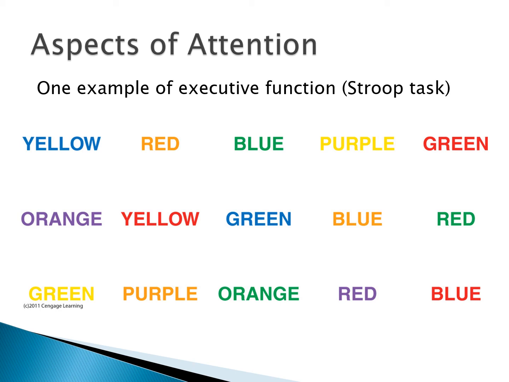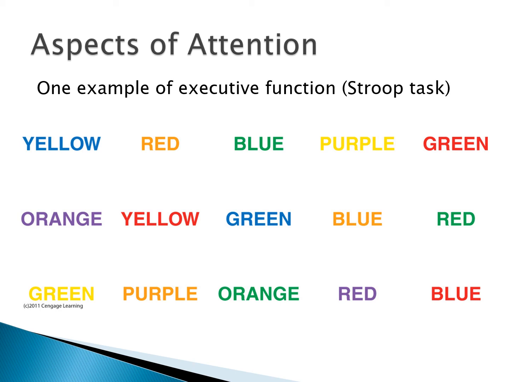Originally, this was taken as evidence that reading is automatic, that we cannot not read if a basic word is in front of us. But now they use this as an executive function task and measure. And if you're getting diagnosed with something like ADHD, or they're seeing if you have ADHD, they might run you in this kind of Stroop task.